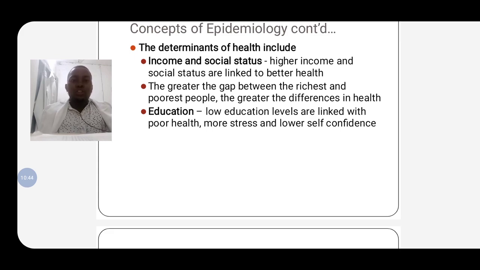Kama ukiwa na kipato cha juu, basi tunategemea kabisa afya yako itakuwa ni yenye kuimarika sana, tofauti na ule mtu mwenye kipato cha chini. Lakini remember, the greater the gap between the richest and the poorest people, the greater the differences in health. Kwa utofauti unaozidi kukua kati ya tajiri na maskini, ndivyo hivyo utofauti wa afya zao unavyoendelea kushamiri.